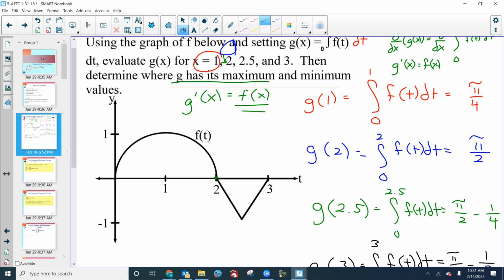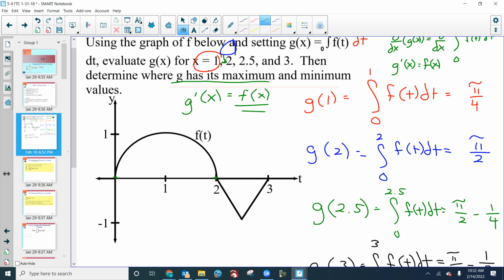What happens when you start here and f increases? F's positive, so g prime is positive. So right out of the gate, I have a left endpoint. What happens when g prime is positive? G must have been increasing. And what happens when you increase out of an endpoint? That makes the endpoint a minimum. Do you agree?